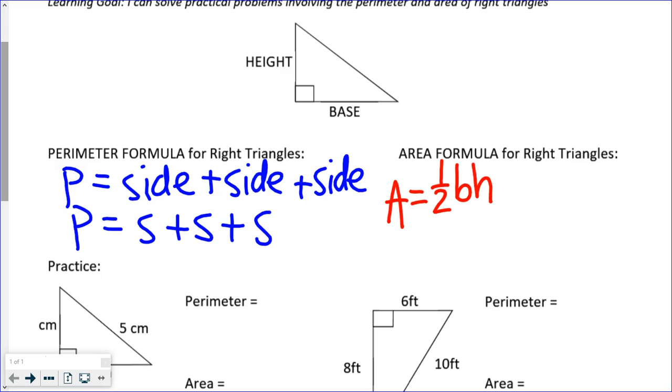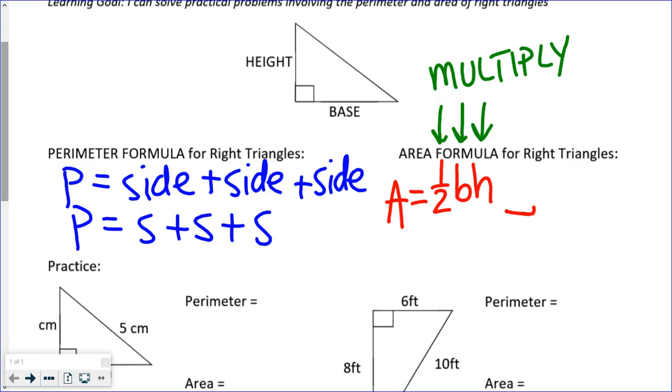And remember, in algebra, when you have numbers or letters directly next to each other, like these are, that is multiplying. So that's the first way that we can write it. Area is 1/2 base times height. The other way that we can write it, and both of these are the exact same thing, is the area equals base times height over 2.